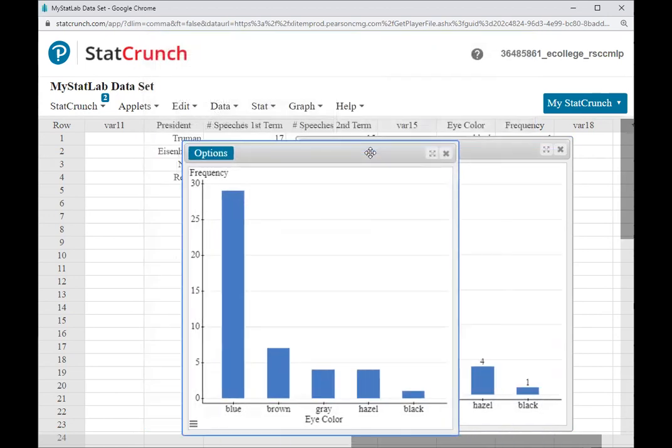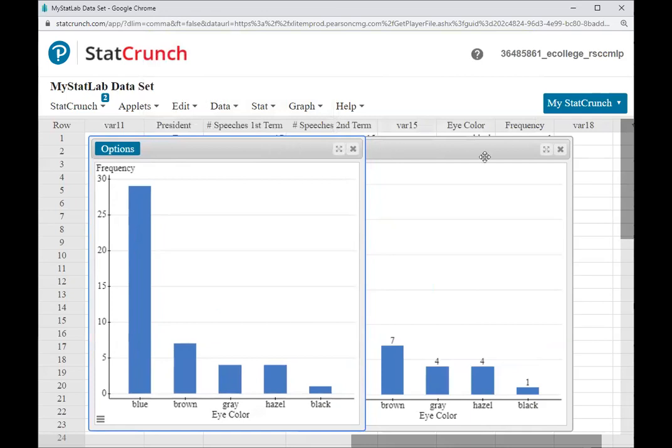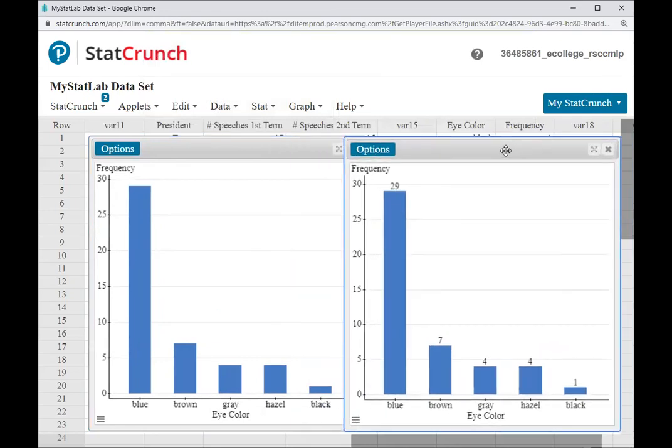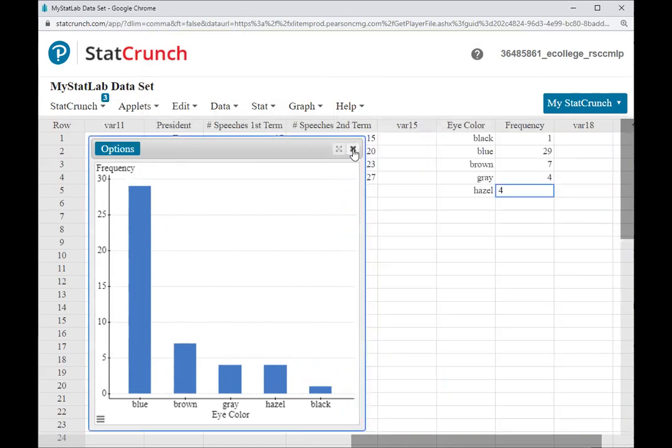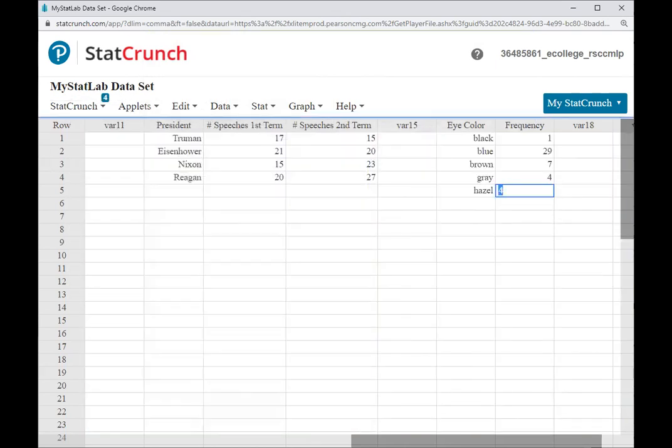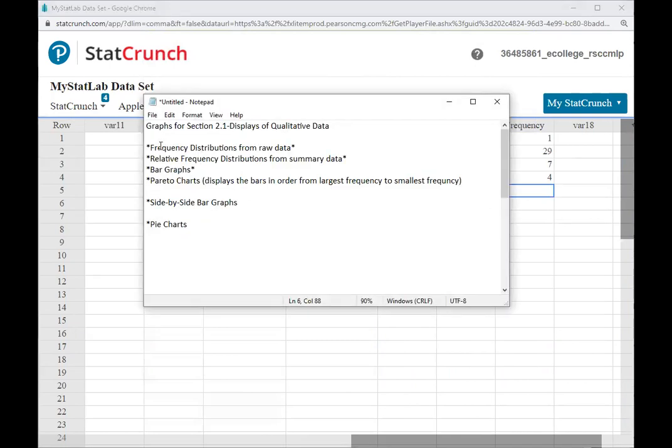There we go. The only difference is that I don't have my numbers on top, but the graphs look exactly the same. So this one came from my summary. This one came from my data. All right. So that kind of takes care of all of those different frequency distributions and graphs.